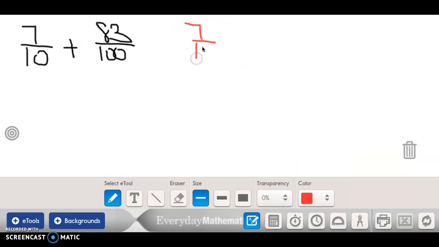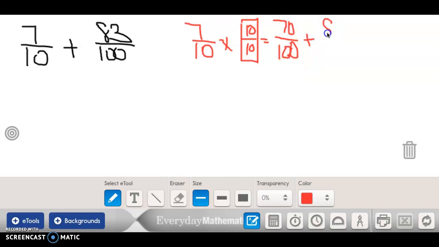So we're going to start with 7/10, multiplying by our equivalent fraction rule, 10/10, because we know 10 times 10 will give us 100 in our denominator, and 7 times 10 is 70. I now have hundredths in my denominator, and I can add 83/100ths and find my total.